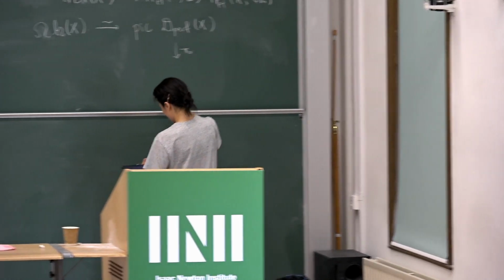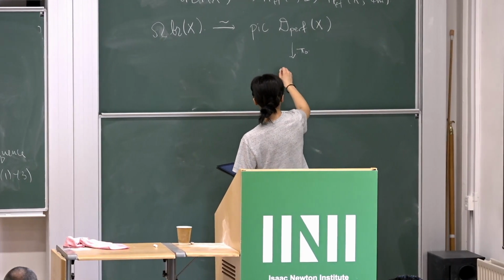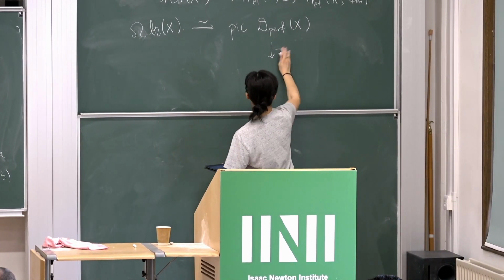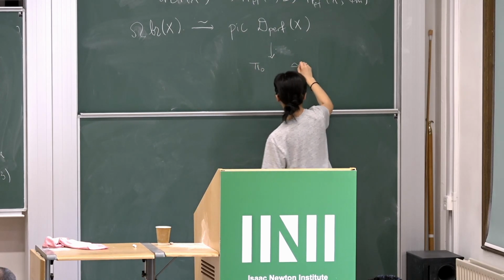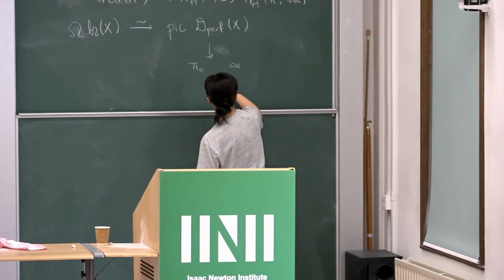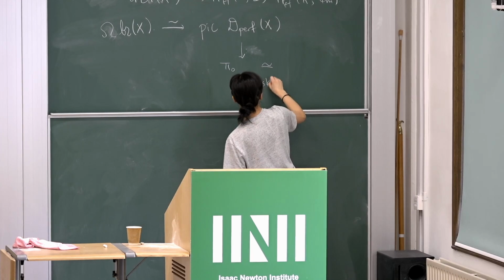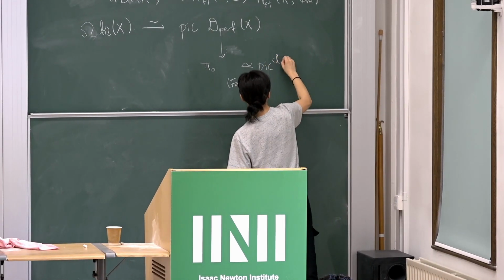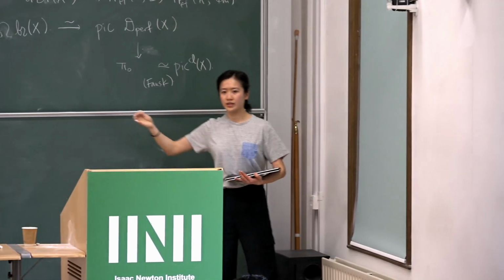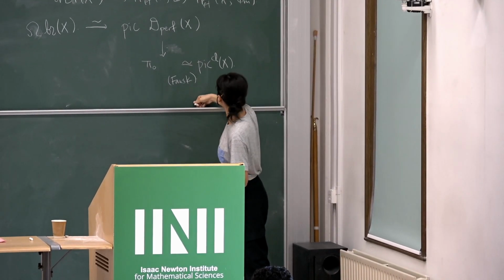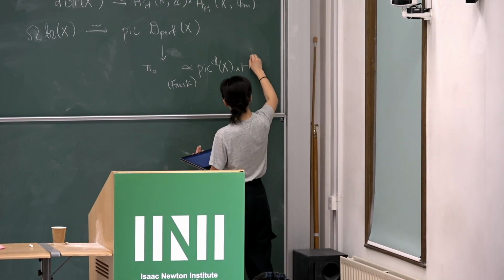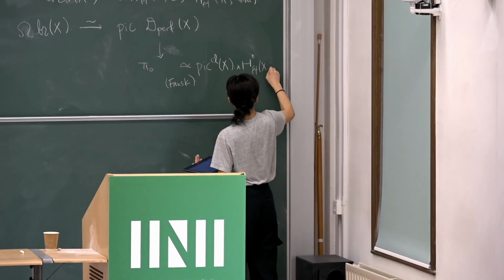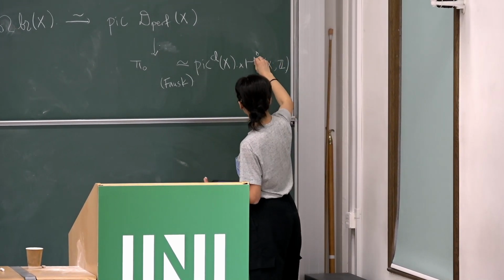if I take pi_0 of this guy, then that's isomorphic by a result of Faust to classical Pic of X, so honest to goodness line bundles without any sort of shift. That's H^0 étale of X with Z coefficients.